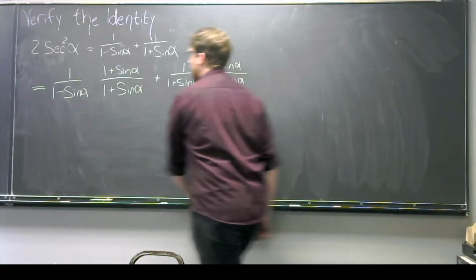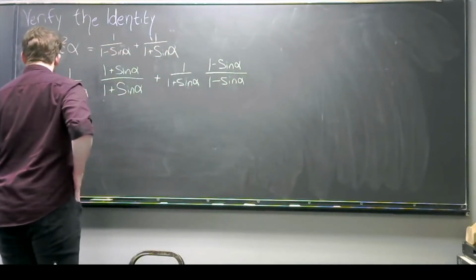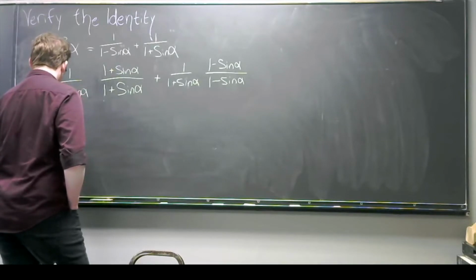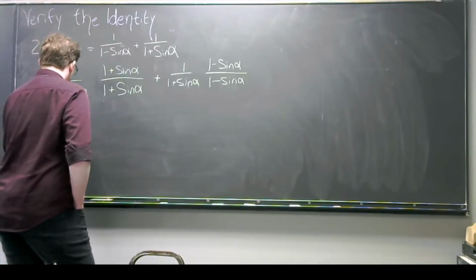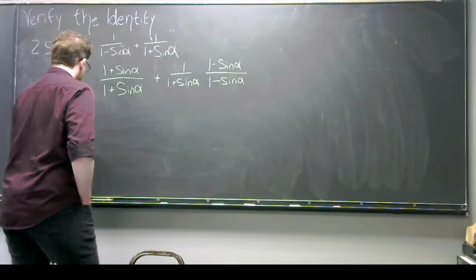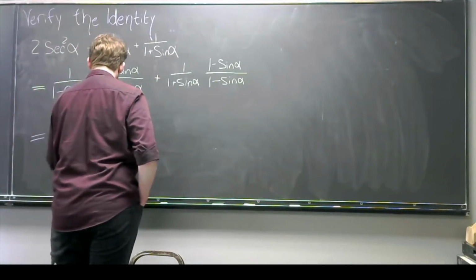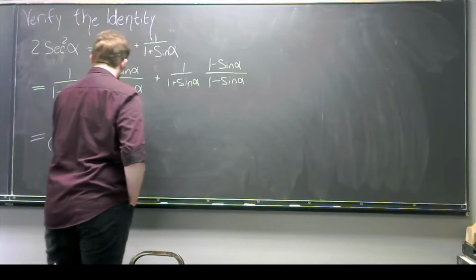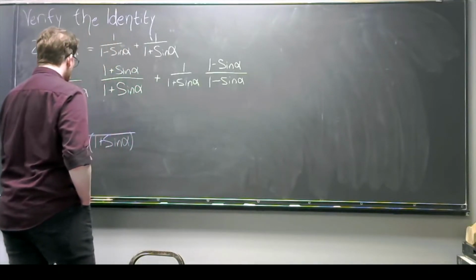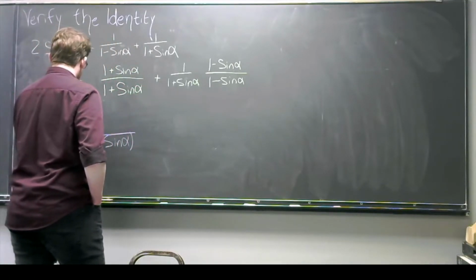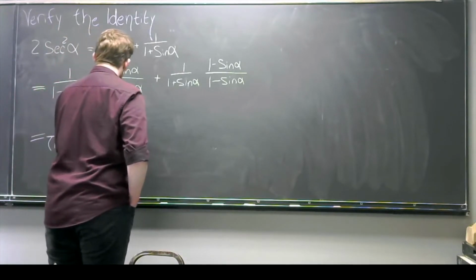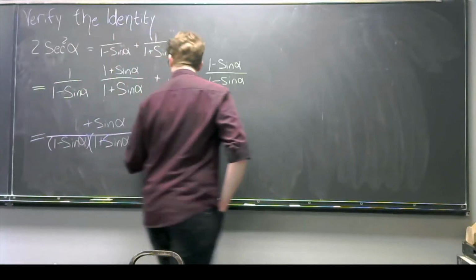So writing that out, 1 minus sine alpha times 1 plus sine alpha with 1 plus sine alpha in the numerator.